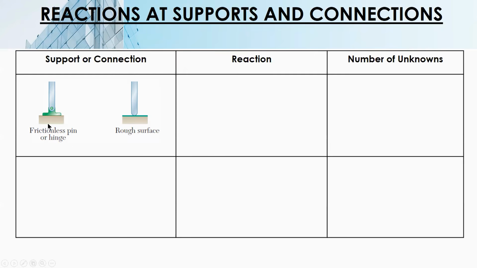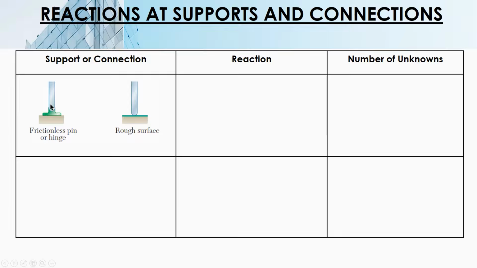This one, frictionless pin or hinge, rough surface. Like the frictionless pin, if you pull it to the right or left, it will resist. Therefore, there is a reaction along the horizontal or along the surface. Okay.